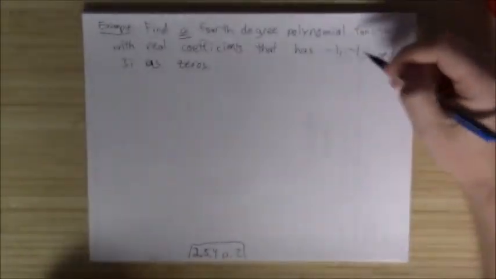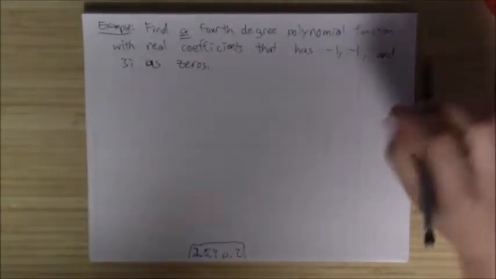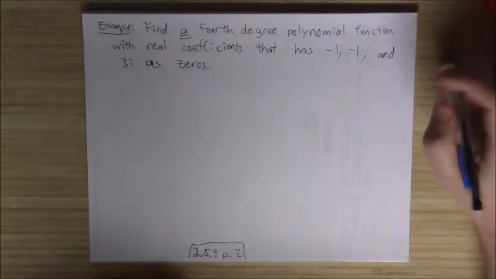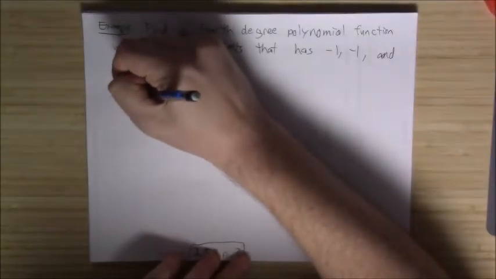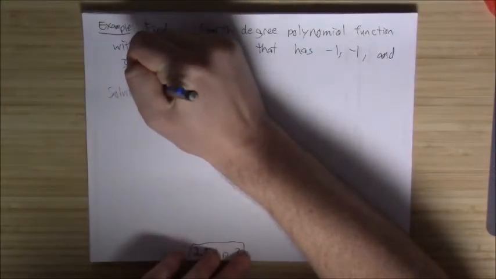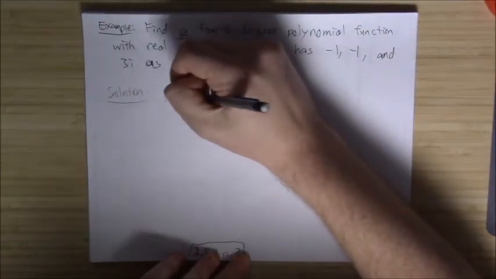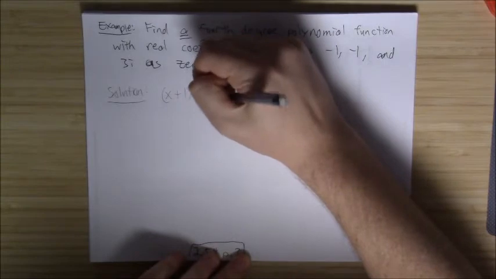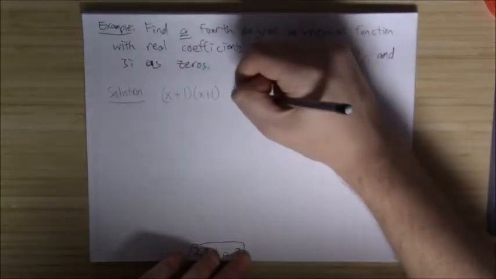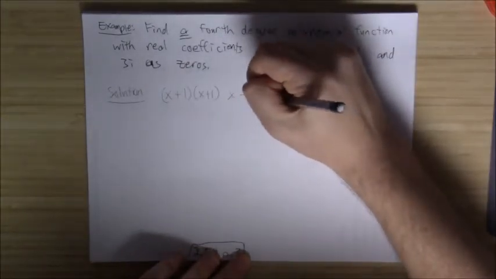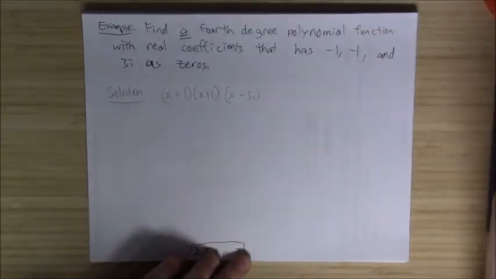So for example, let's find a fourth degree polynomial function with real coefficients that has -1, -1, and 3i as zeros. Again, this is a repeated 0 is the way we understand that. So for our solution, we know that x plus 1 needs to be counted twice, and x minus 3i needs to be a factor as well.